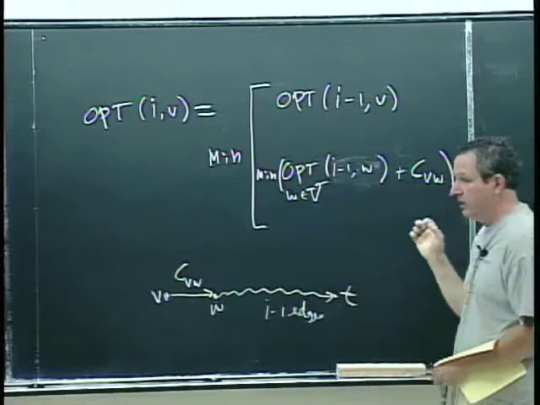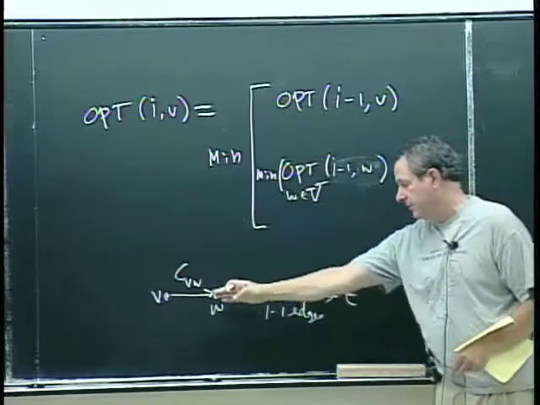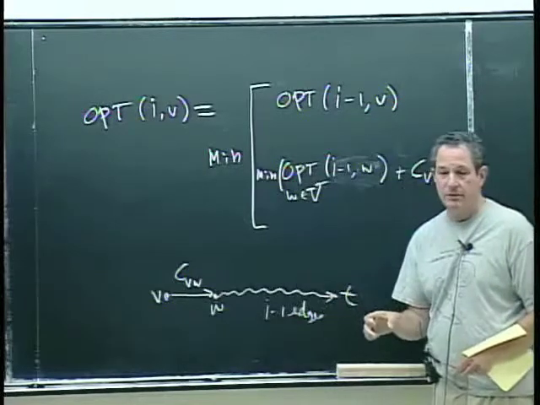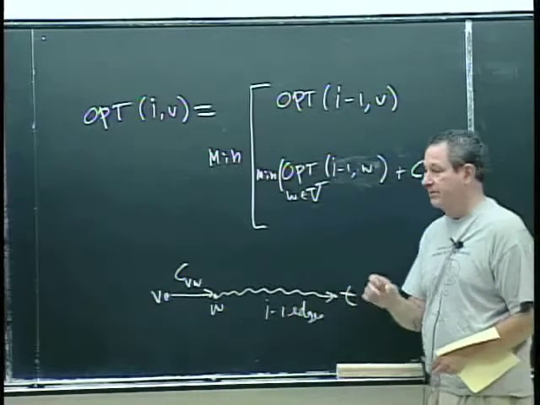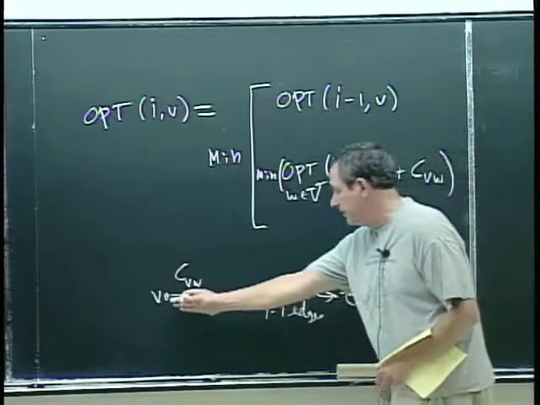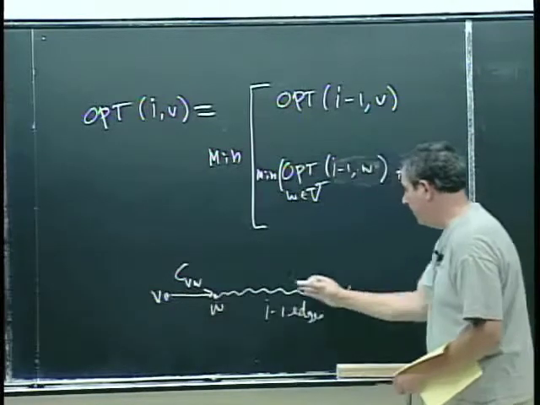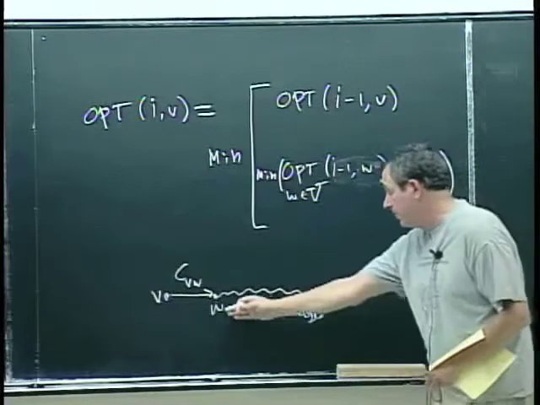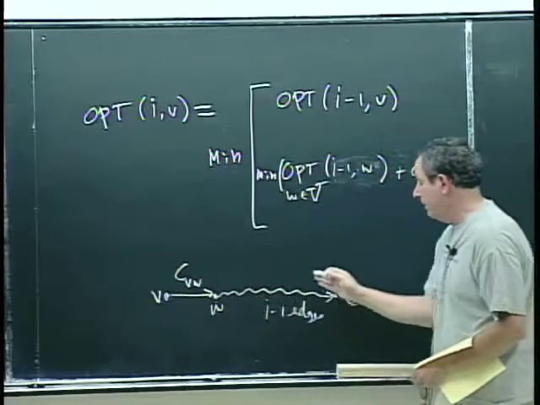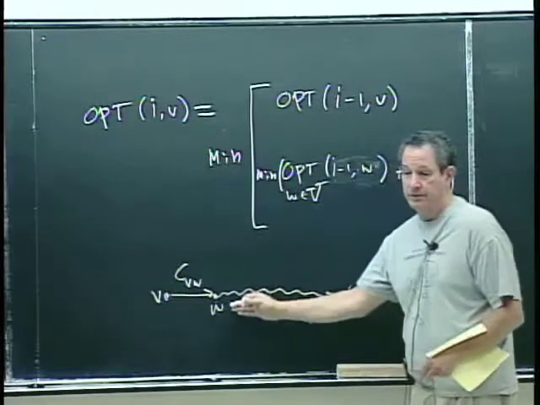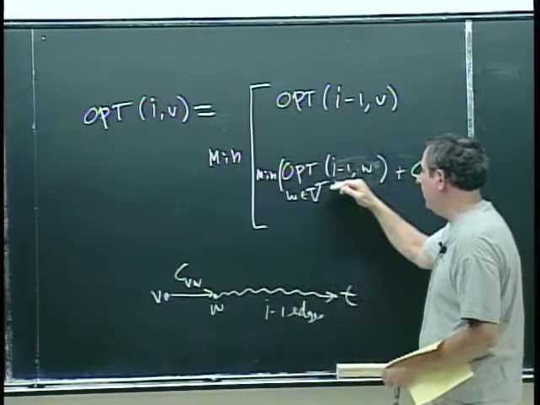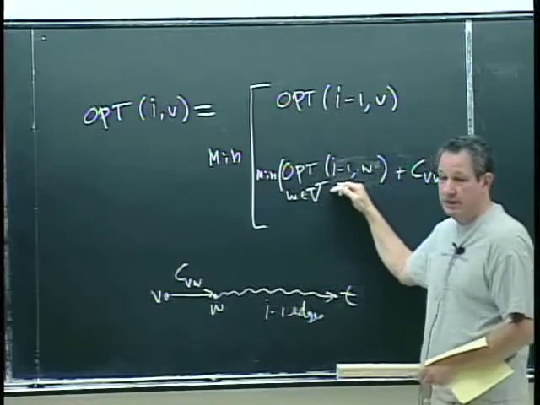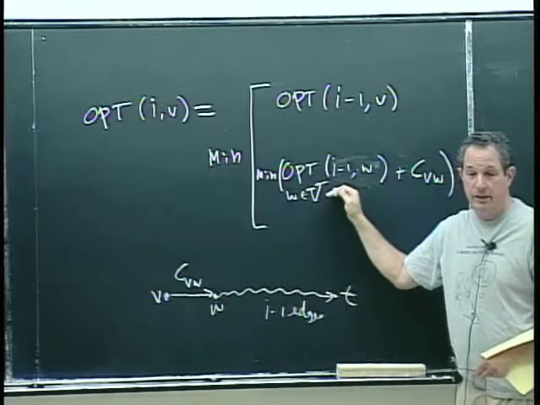It will look like this, and this will be a shortest path from w to t for some w that has i minus 1 or fewer edges. So we are okay in the sense that we've included the possibility of a path with exactly i edges.